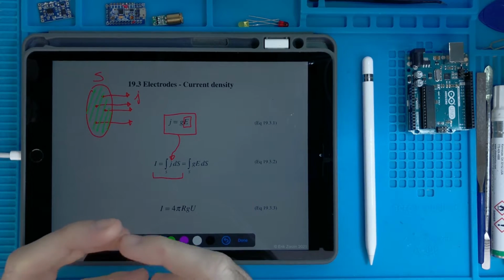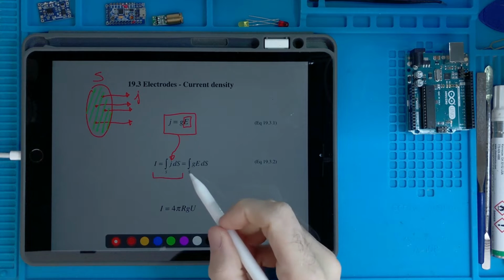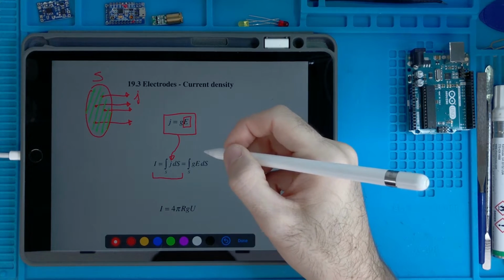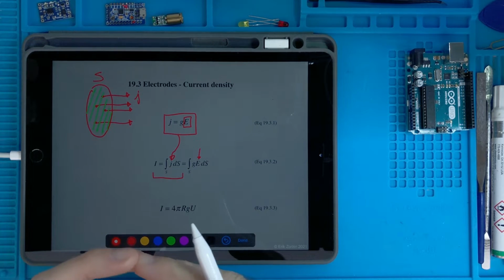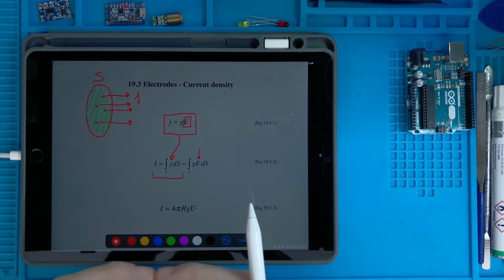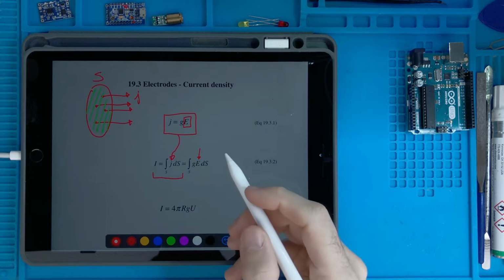It's in spherical symmetry. This integral is easy to do because the lines of electric field are perpendicular to the spherical shape we choose as the cross section onto which we integrate the current density.